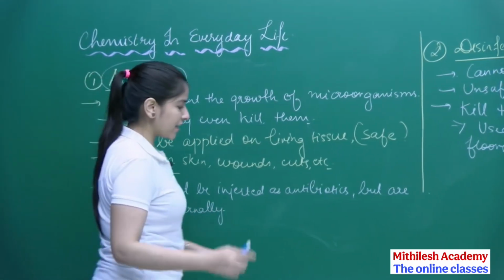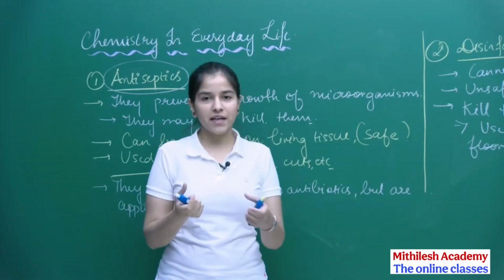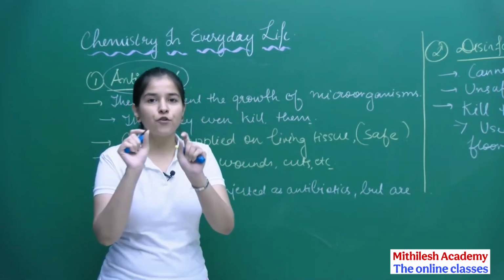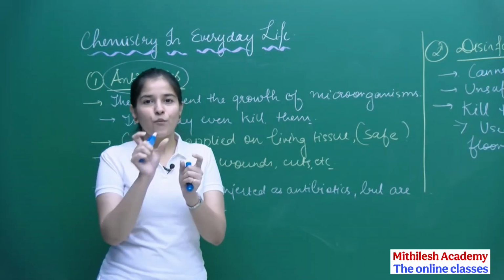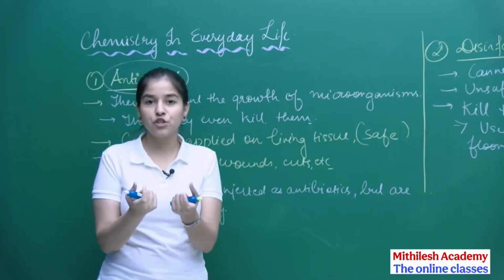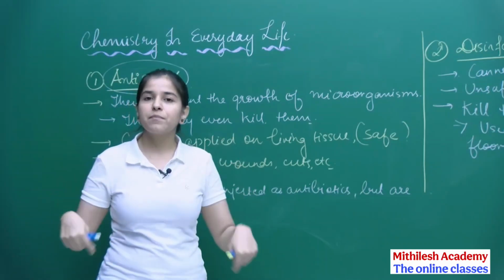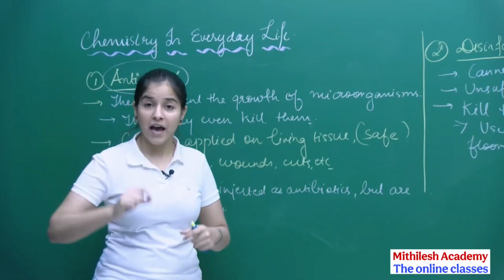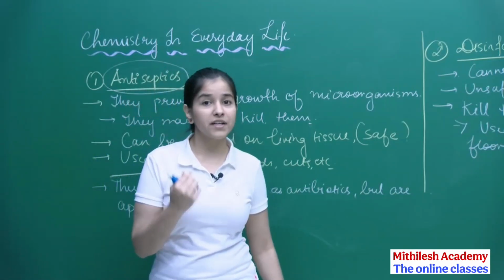You may have seen on various antiseptic skin creams that it is written, for external use only. What is the meaning of that sentence written on these cream tubes? It can be applied on your skin, but it cannot be ingested. You do not need to eat it.